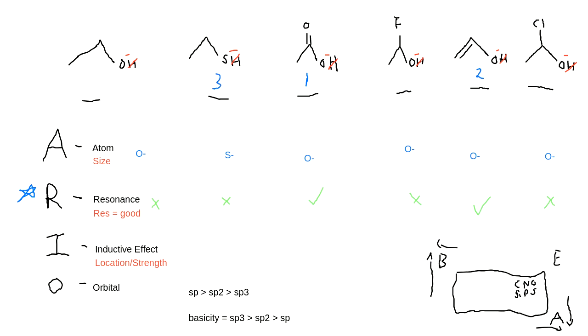Now between our remaining 3, yeah, resonance does make things more stable. Someone asked why stability and acidity go together. Stability and acidity kind of fall under the same umbrella.